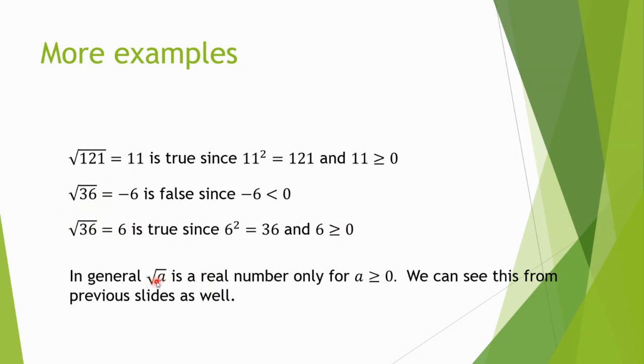In other words, this A here, called the radicand, can only be positive or 0. And again, I'll say it again. If you allow A here to be negative, then you run into complex numbers. Okay? That's what happens. Good.